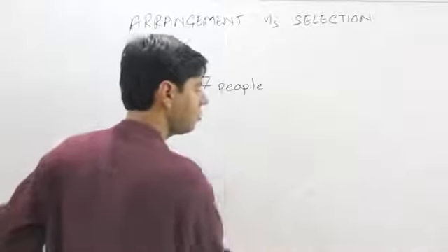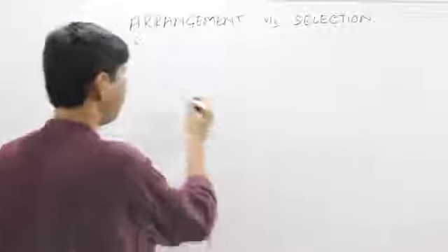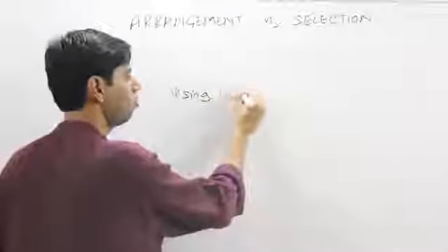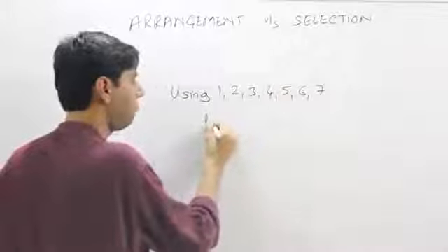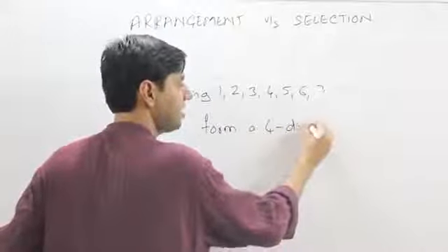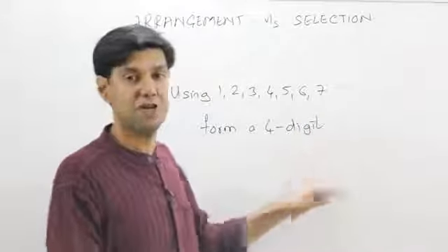Later in the video we'll also see the link between the two. For example, the first question we started with: using 1, 2, 3, 4, 5, 6 and 7, form a 4-digit number. Almost all of you solved this as an arrangement question, since from your prior knowledge you know this is a question of arrangement.